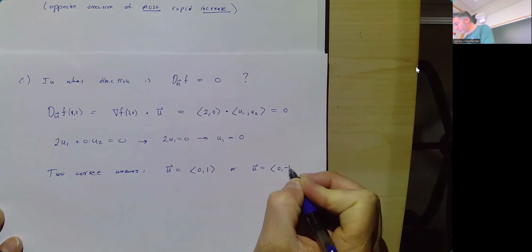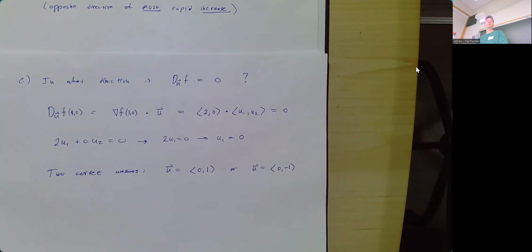or 0, -1. So basically, thinking about being on the mountain again, you're saying, oh, I'm going to go that way to stay level, or I'm going to go in the opposite direction to stay level. Because if I'm able to walk that way and stay level, I'm also able to walk backwards and stay level.